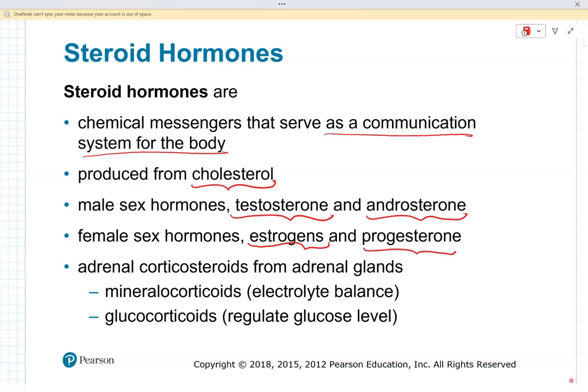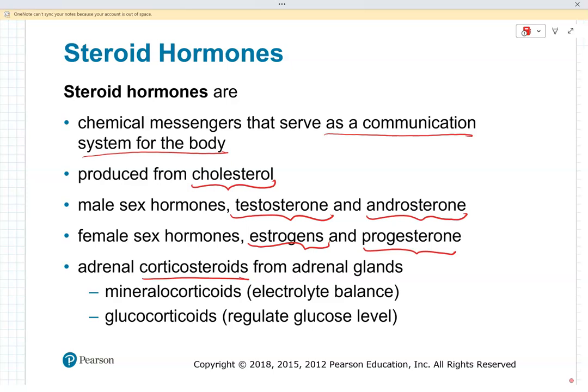Progesterone is kind of unique because the main role of progesterone is to assist the fertilized egg to implant into the endometrium of the uterus and facilitate the development of the fetus. Does that make sense to you? Estrogen and testosterone have slightly different functions. And then we have corticosteroids that are produced in the adrenal cortex.